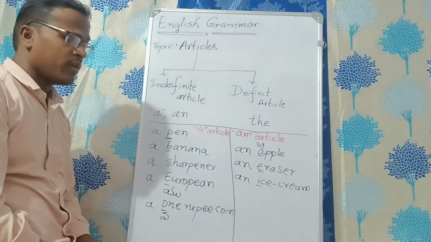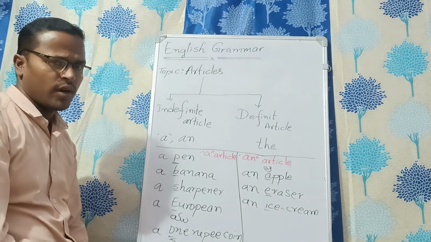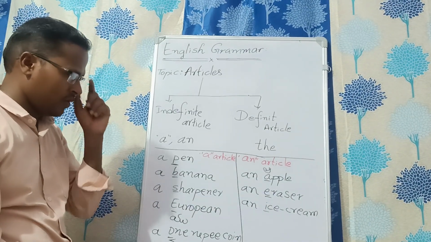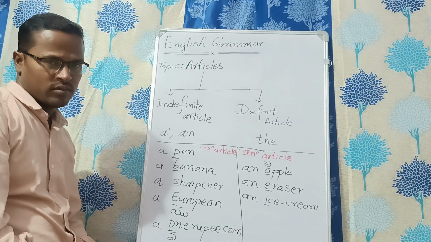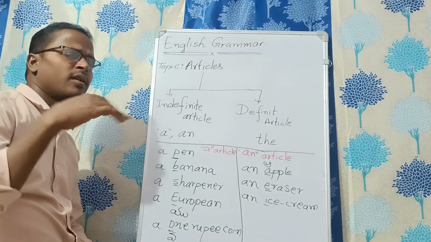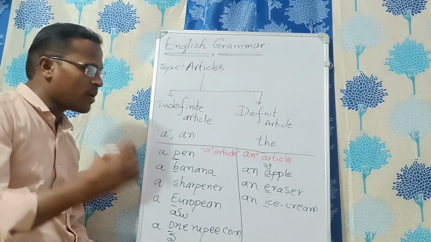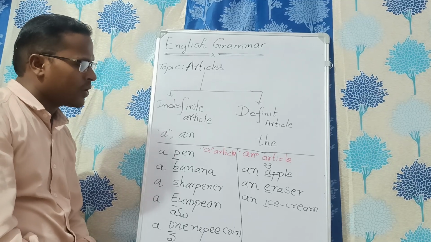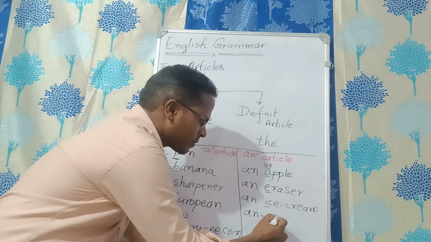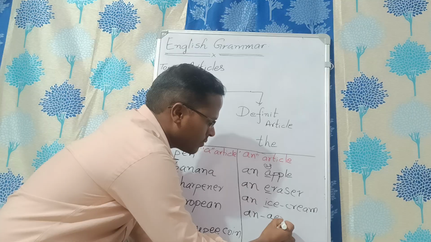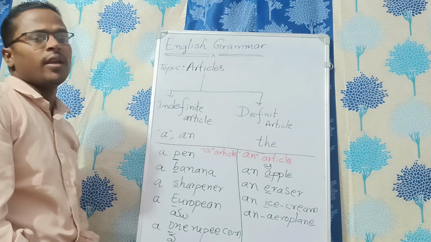So you can get many ideas when I explain the article "an". An iron box, an ant. Like that you get many examples. Can you tell some more examples? Yes, an aeroplane is also there.